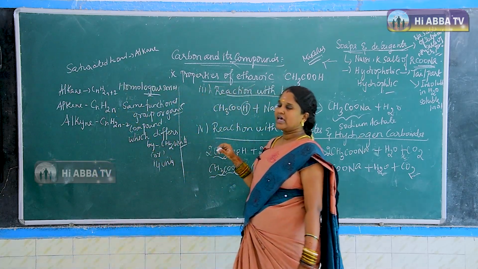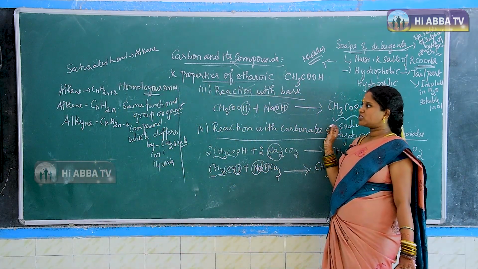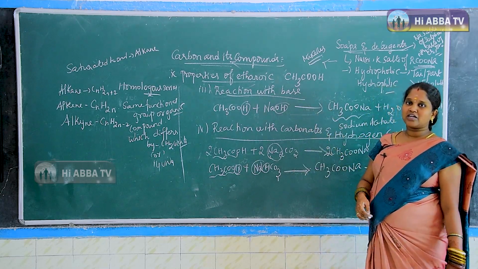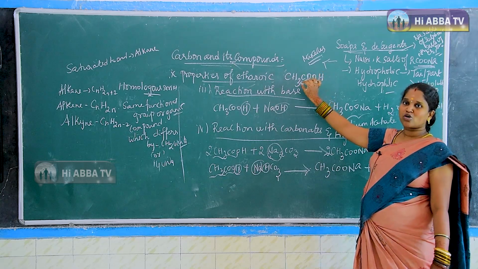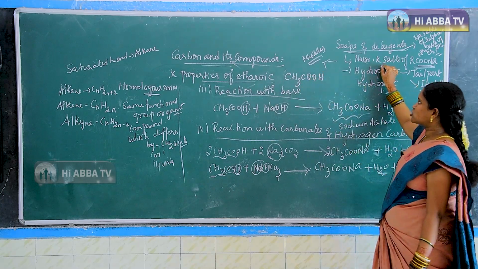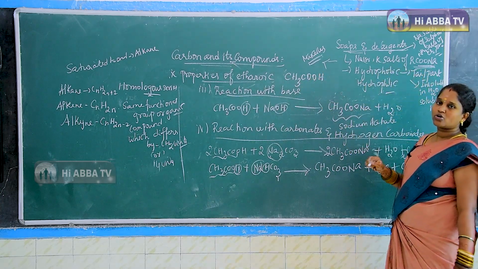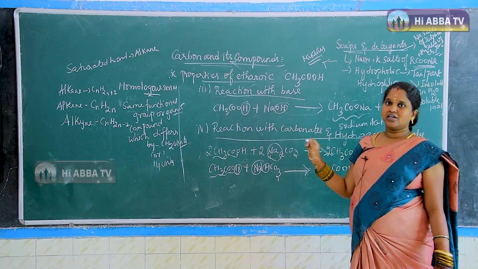So these are the important concepts which give the whole gist of carbon and its compounds. Mainly you have to learn properties of ethanol, ethanoic acid, soaps, detergents, how to draw the electronic structure. Thank you.